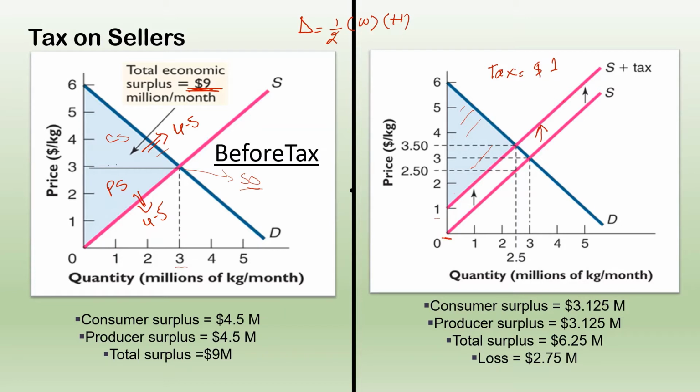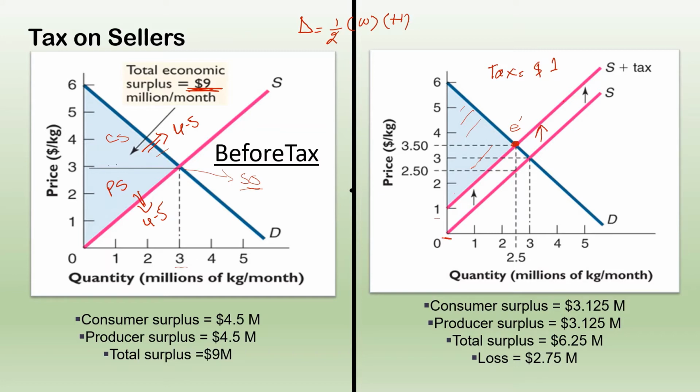Why? Because the new supply curve, S plus tax, is intersecting the demand curve at a higher point, which can be denoted by, let us suppose, E prime. If we calculate the area of this triangle, it is going to be 6.25.